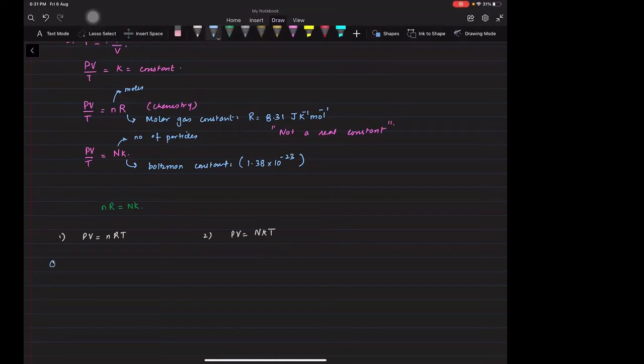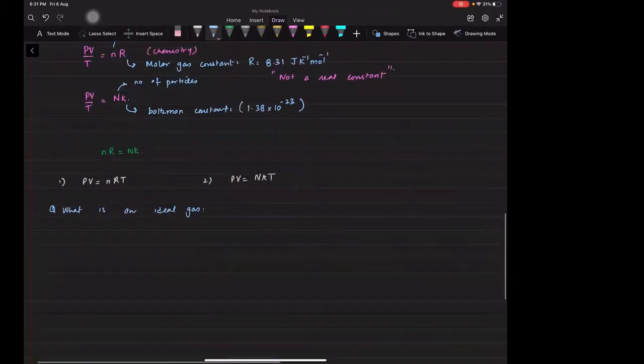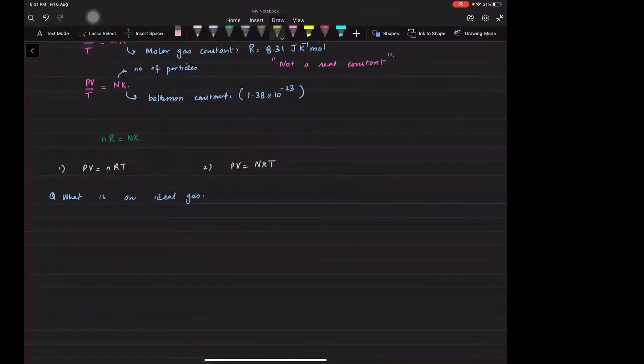So question आ गया, they say what is an ideal gas? So हम लिखेंगे इसका आंसर, और ये बार बार वो पूछेगा.